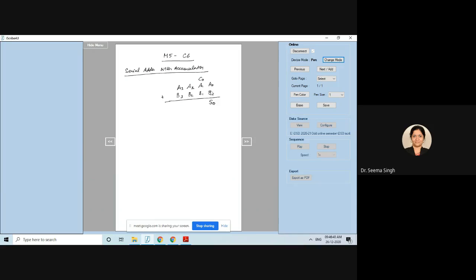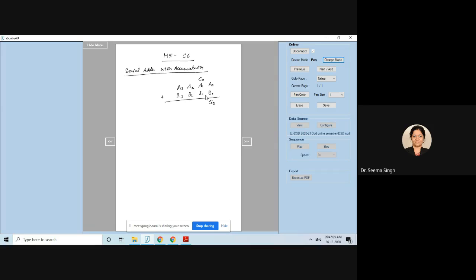After this addition, next I want A1, B1 to be added. So the same full adder will be fed with A1 and B1, and also it should be fed with C naught. So I need to see in my machine that A1, B1 and C naught are present together to the full adder, because full adder is a combinational circuit, and a combinational circuit acts immediately when it has all its inputs.